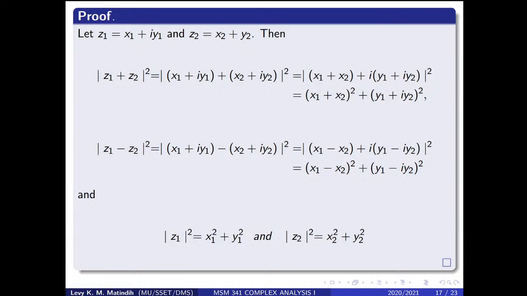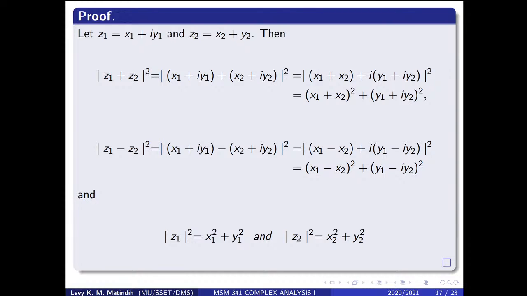Also, you should note that the square of the modulus of z1 is equal to the square of x1 plus the square of y1, and the square of the modulus of z2 is equal to the square of x2 plus the square of y2.